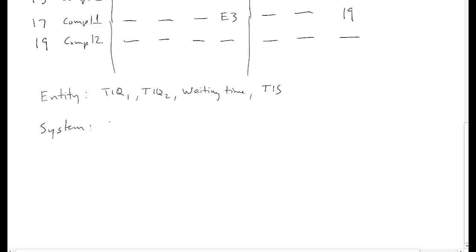we're interested in numbering queue by queue. So we're interested in numbering Q1, numbering Q2. Now we have 2 servers, so utilization of server 1, utilization of server 2, and then finally number in system.